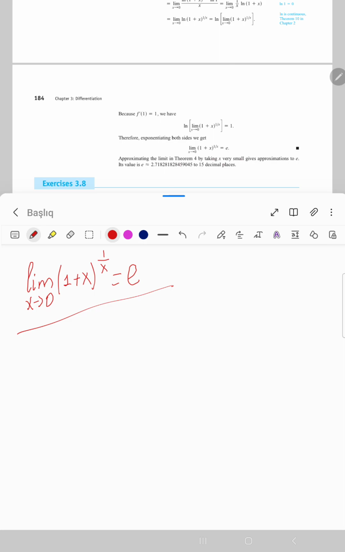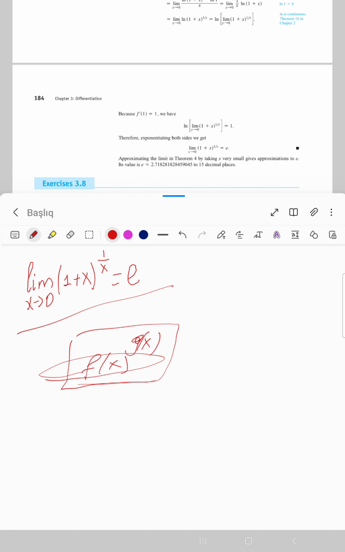Why do we need it? Because when you have to find complex limits with something to the power of something, I mean, you have something f(x) to the power of g(x), you're stuck. I mean, you're really stuck.